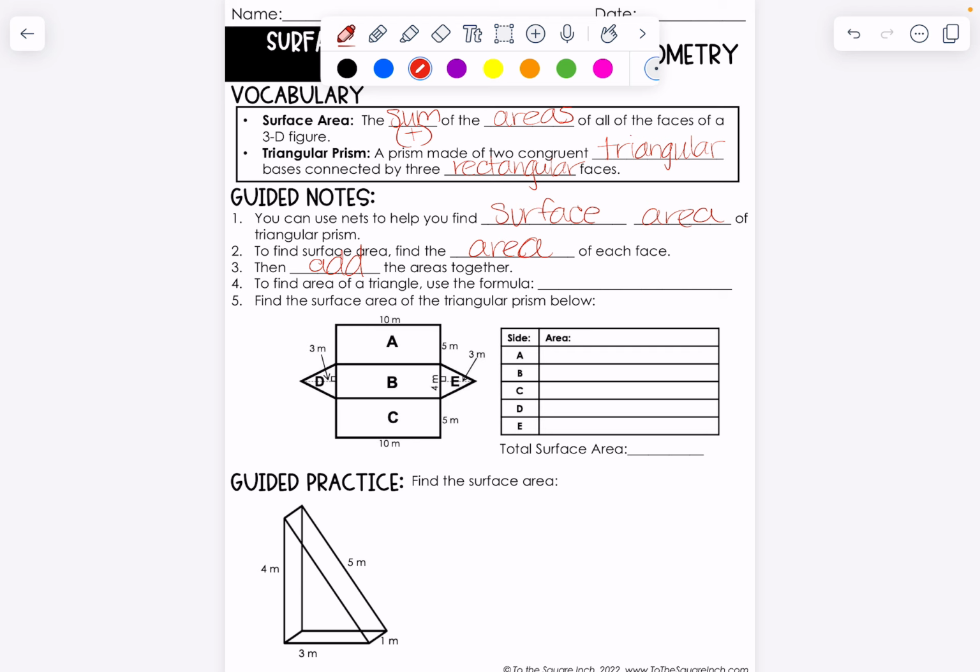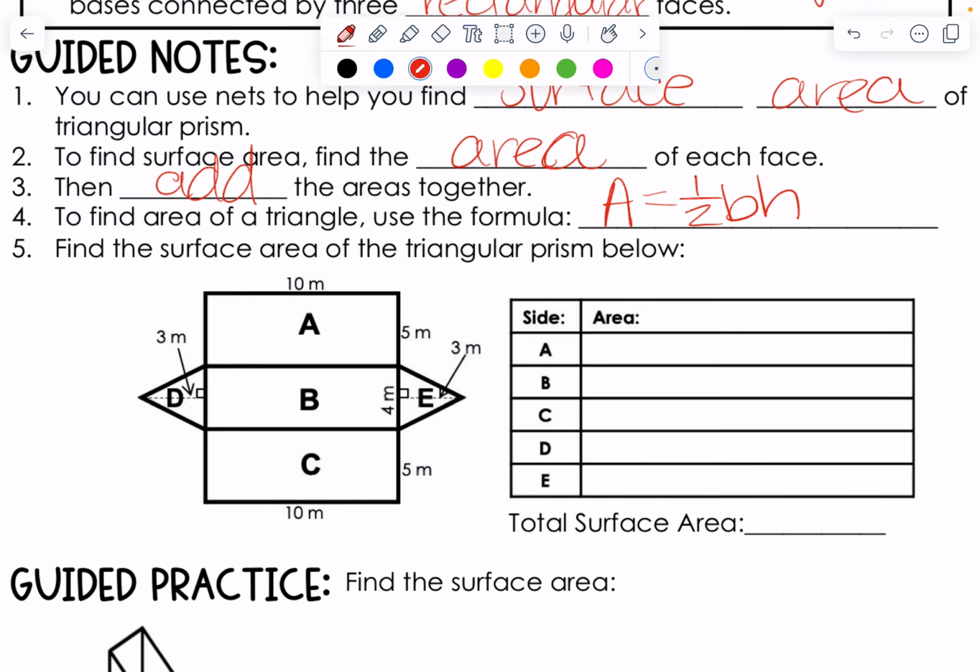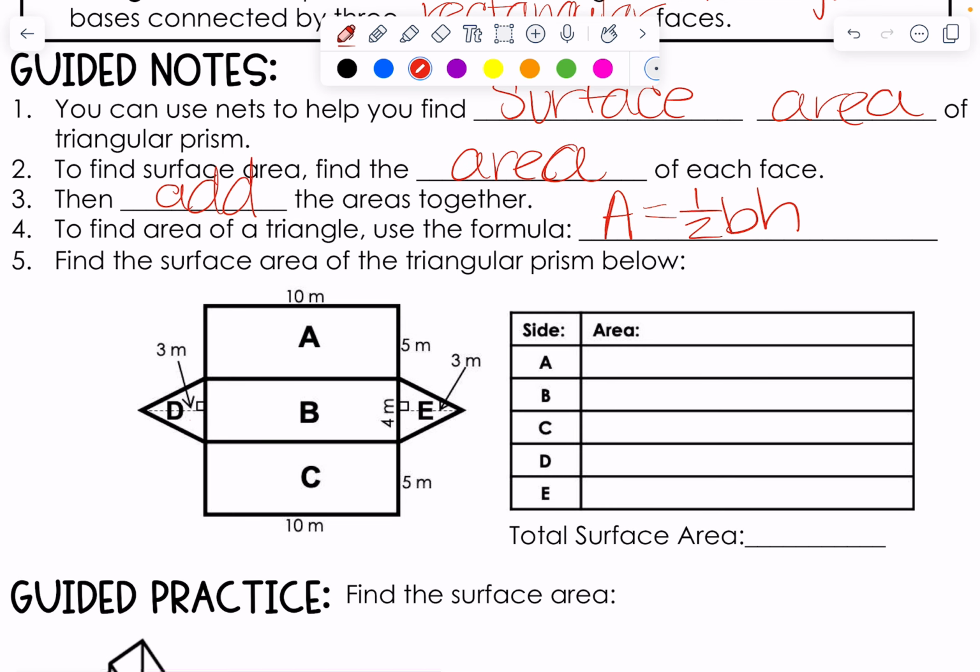Now, because our bases are triangles, we're going to have to remember our area formula for a triangle, which is 1/2 base times height. For this first one, it's broken down a little bit more for us. Each face is labeled, and we have this table over here to help us. For A, the dimensions of this first side are 10 times 5.